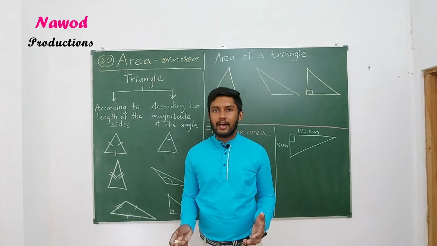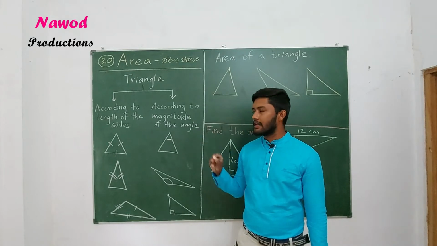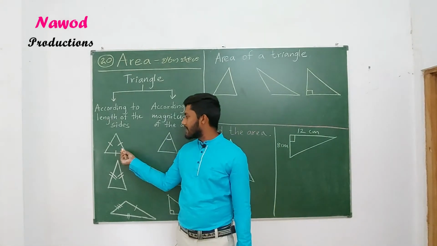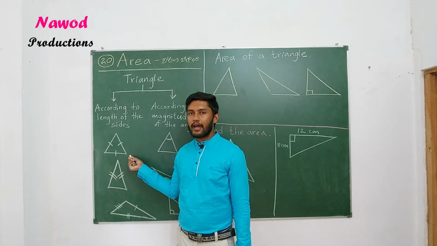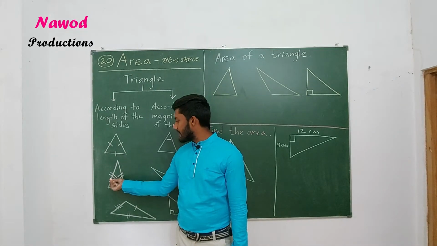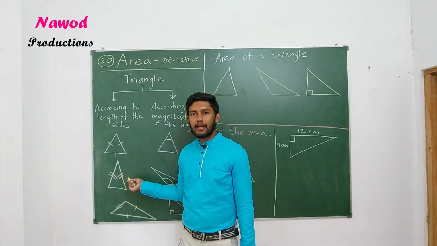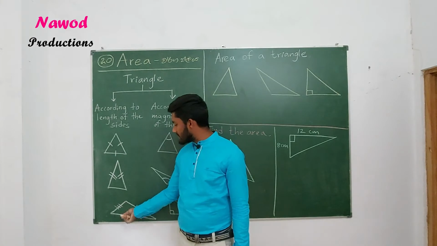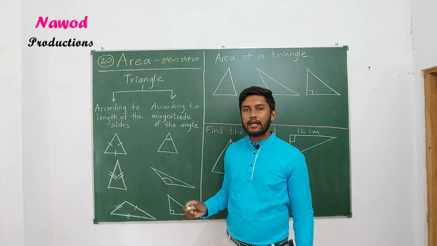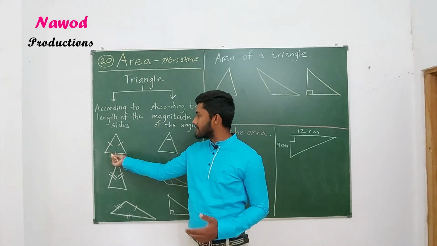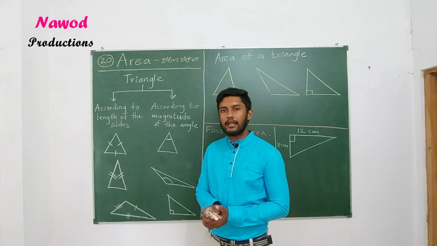Hello friends, let's sing triangle song. There are three sides in a triangle, there are three angles in a triangle. All sides are equal, equilateral triangle. Two sides are equal, isosceles triangle. No sides are equal, scalene triangle. There are three sides in a triangle, there are three angles in a triangle.